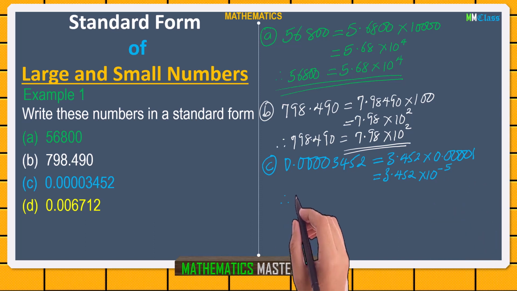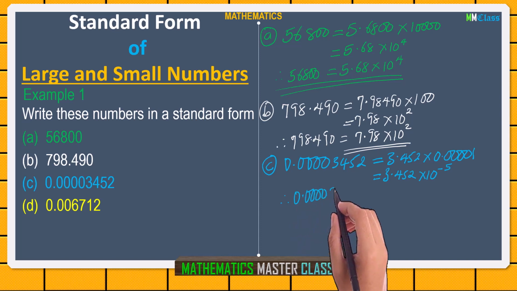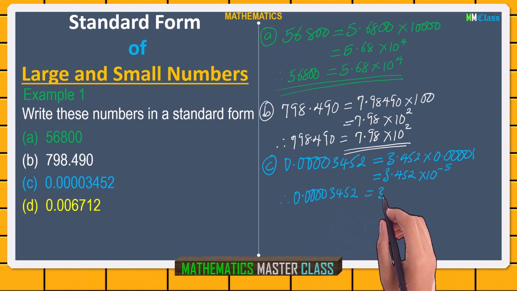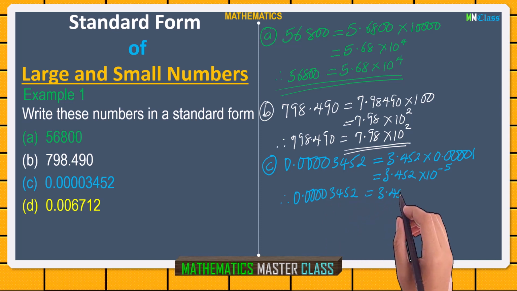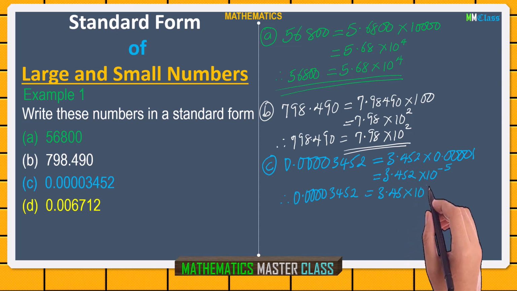Therefore, our final answer to 0.00003452 will be equal to 3.452. No, we have to approximate this one to 2 decimal places. So let's remove this 2. 3.45 times 10 raised to the power of minus 5. So this is the final answer to this.